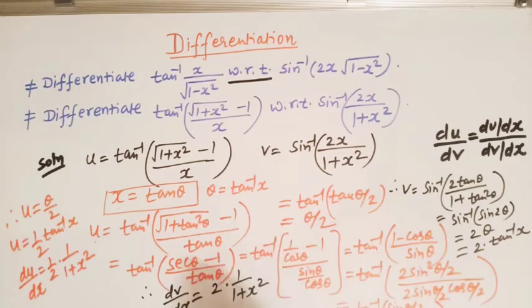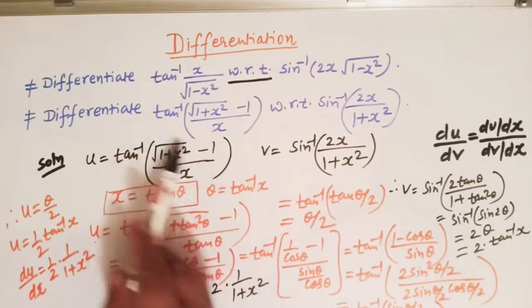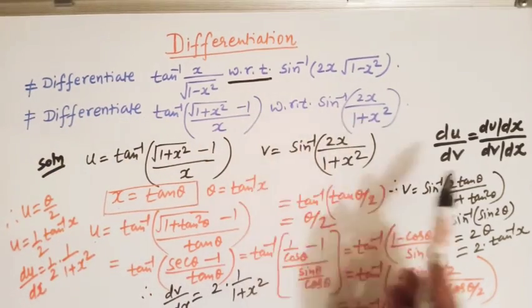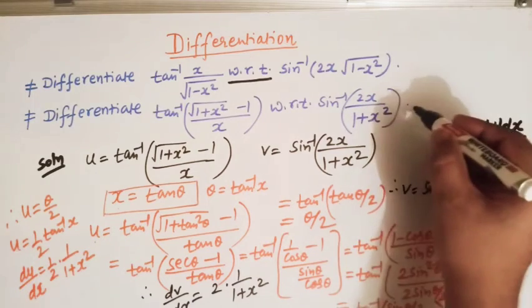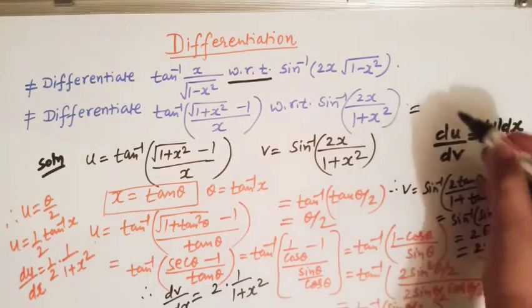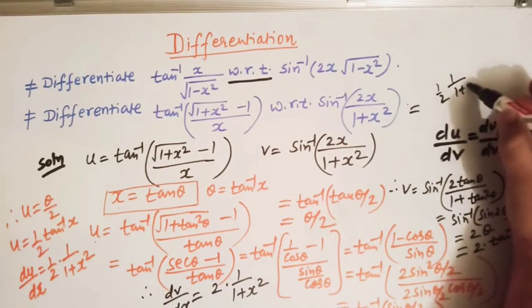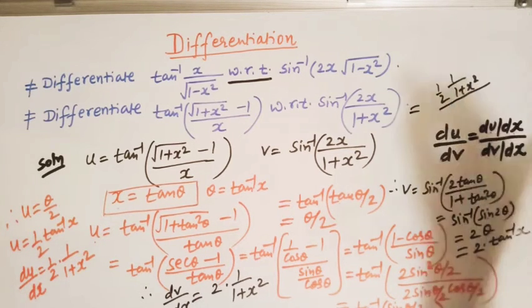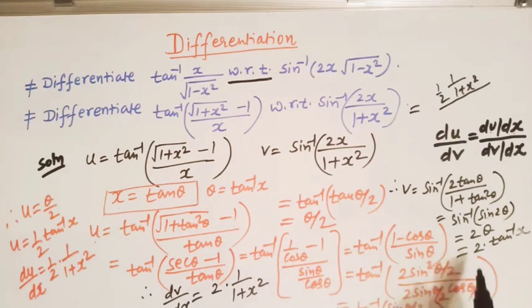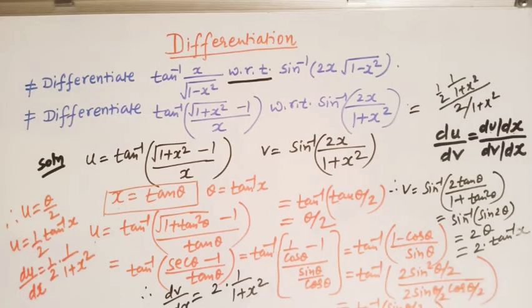Okay, so now we have to find du over dv, that is we have to differentiate this function with respect to this. So what we will do, we will substitute here du over dx as 1 over 1 plus x square divided by dv over dx, which is 2 divided by 1 plus x square, right?